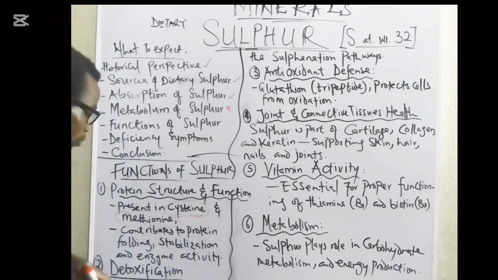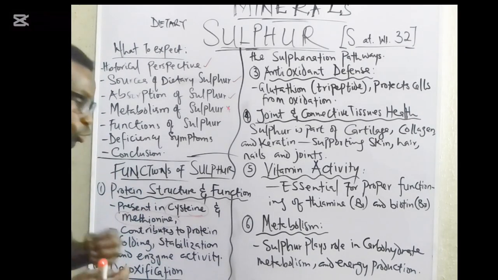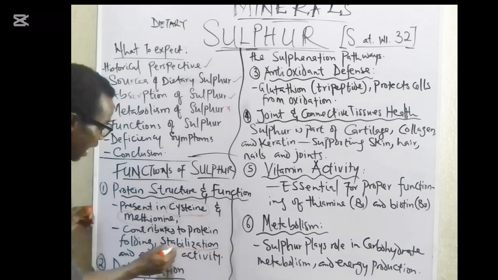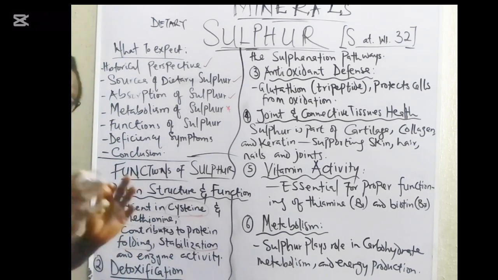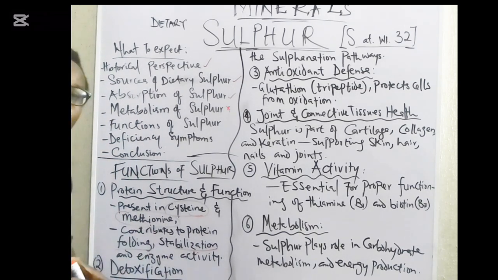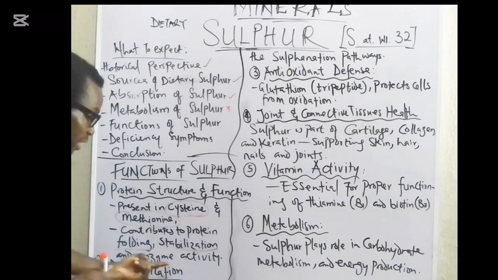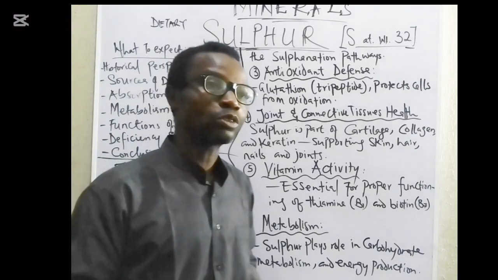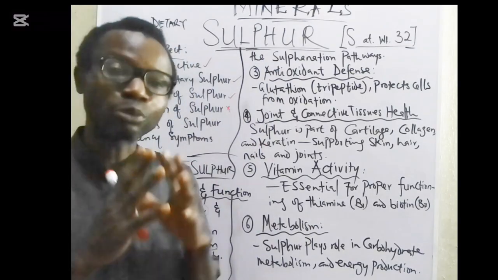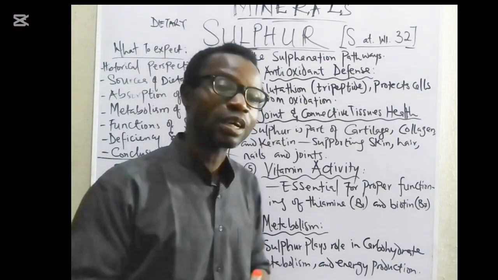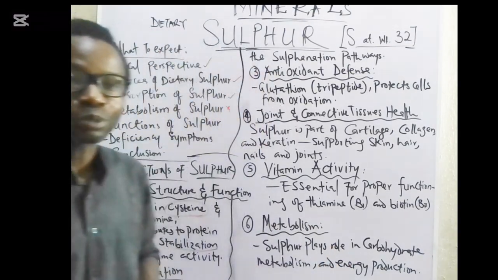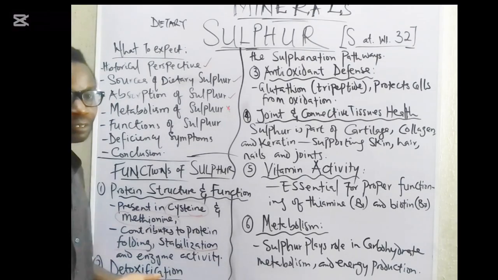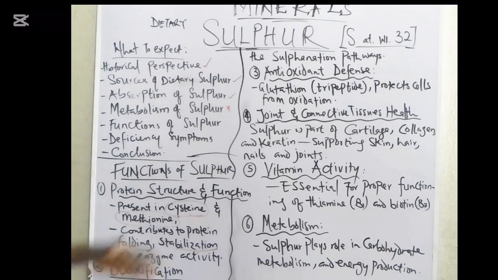It's also a contributing factor to the stabilizing and the folding of proteins. It's also an important part of enzyme activity. We've already said that most hormones are protein-based, and enzymes are essentially proteins.